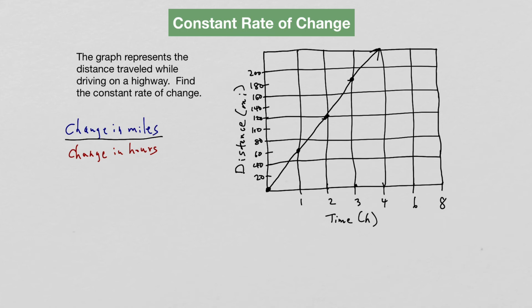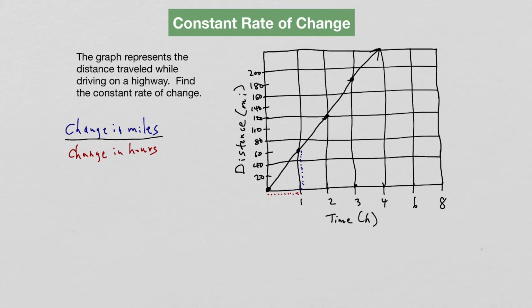So to find the change in hours, we need to take a look at the points that are plotted on the graph. Okay, so the change in hours goes from 0 at the origin, and we go to 1. So that's the first one. And we will also go up to the next point.